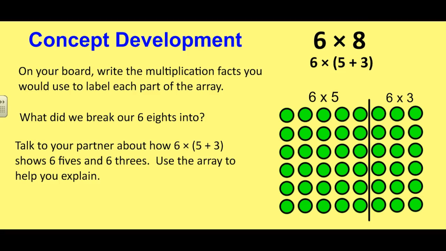So, how does 6 times 5 plus 3 show us 6 fives and 6 threes? Well, when we look at our array, we see that we broke it apart into 5 and 3 because one side of the array has 5 columns and the other side has 3 columns. And we see that each part of the array has 6 rows, so that gives me 6 fives, and this other part of the array gives me 6 threes.